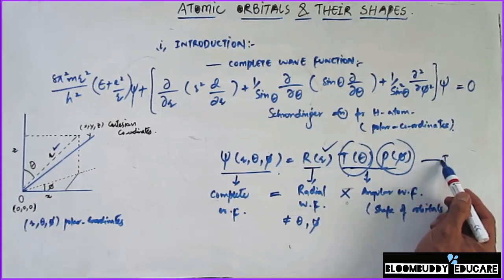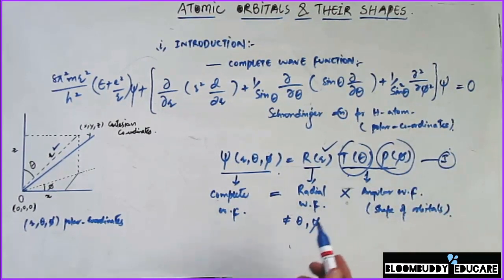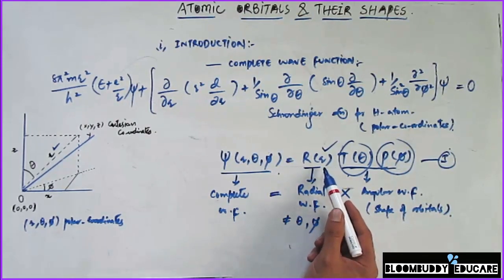This equation, if I label it as equation first, can be written in another form also in terms of the quantum numbers. The radial wave function R depends upon the quantum number n, that is the principal quantum number, and it also depends upon l, the azimuthal quantum number.